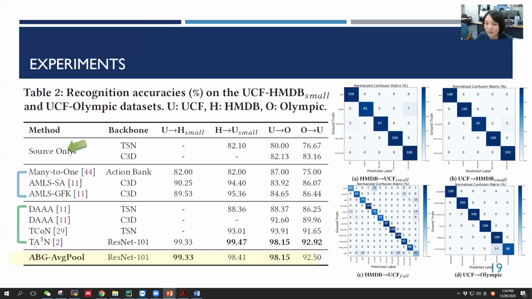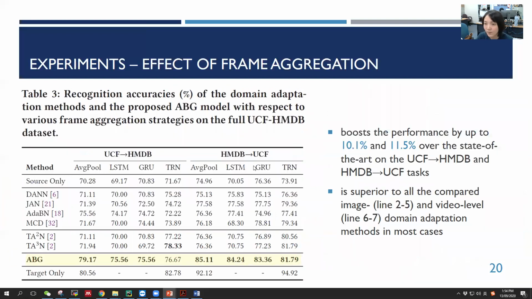We can find that the deep video DA methods generally outperform the non-deep DA methods and the classification models without DA. With the same backbone of TA3N, our ABG model performs comparably without relying on the frame attention or complex frame aggregation strategies.